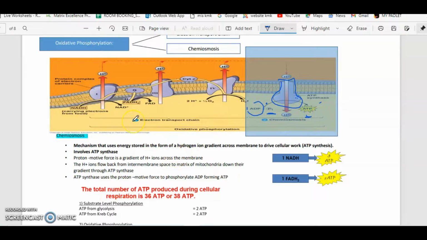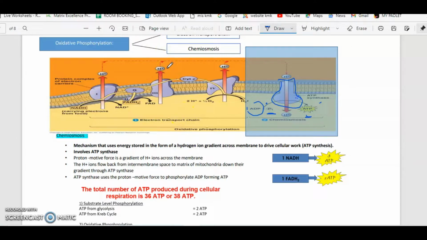Now just imagine. From NADH, when it transfers electron, it will cause complex 1, 3 and 4 to pump hydrogen ion from matrix to intermembrane space. FADH2 will cause complex 3 and 4 to pump hydrogen ion to intermembrane space.